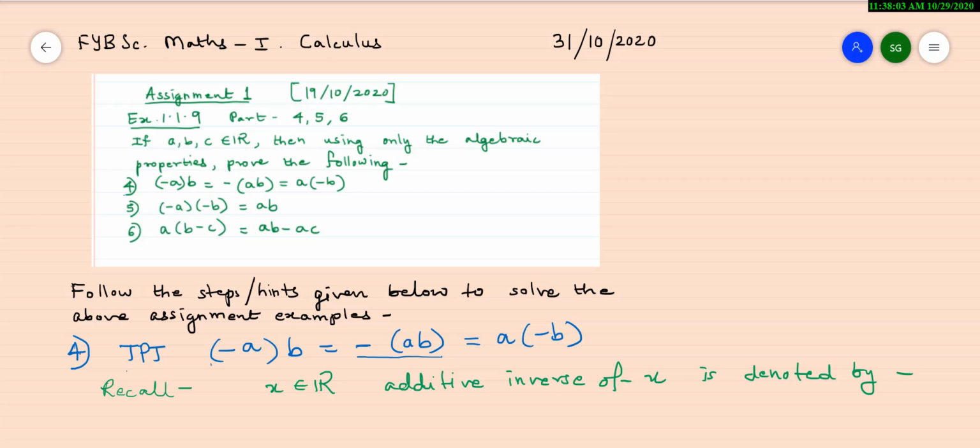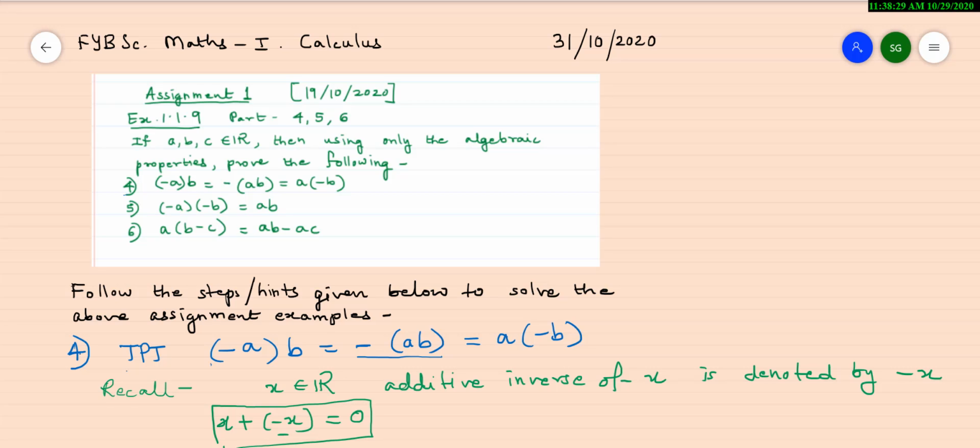And what do you mean by that additive inverse? That the total of x and minus x, that is the addition of a real number and its additive inverse, is 0. So the other way around, if you want to prove that minus x is an additive inverse of x, you need to prove that their total is 0.